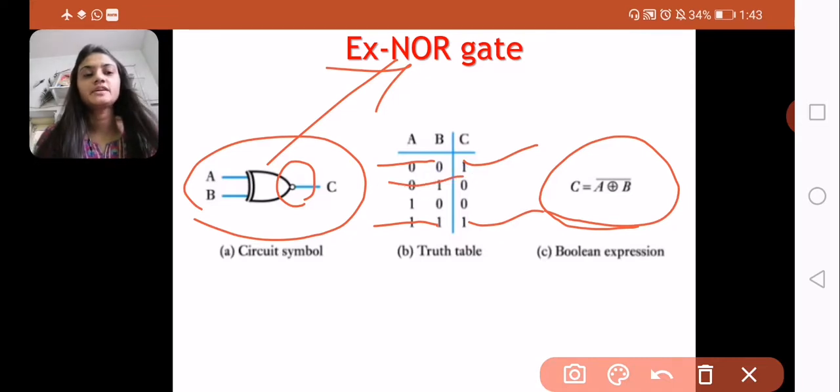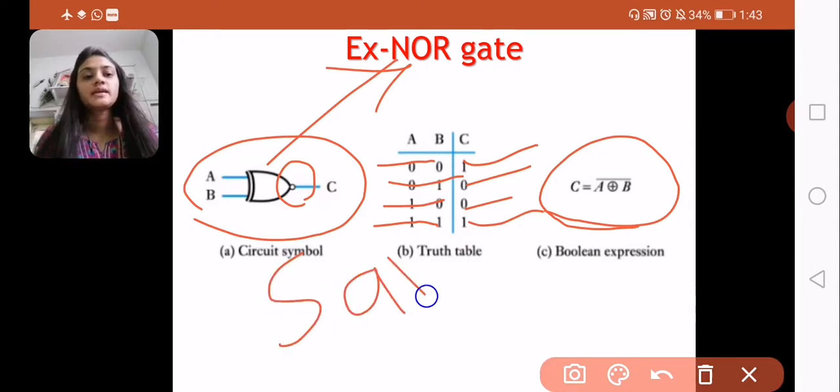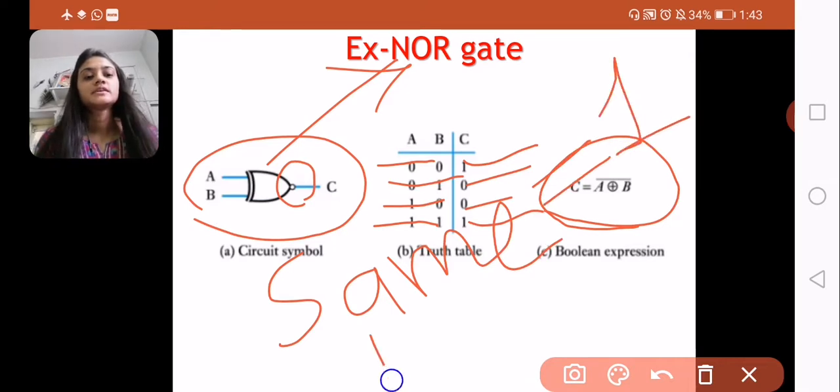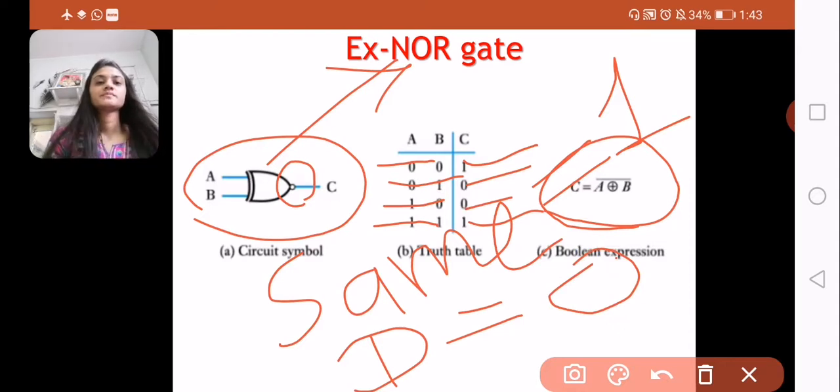If bits are different, 0 1 and 1 0, then the answer will be 0. So same bits will give answer 1, different bits will give answer 0. So it is the exact opposite of the XOR gate. So this thing you have to remember while defining the truth table.